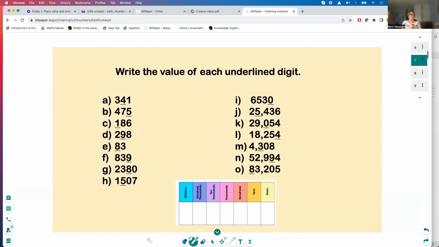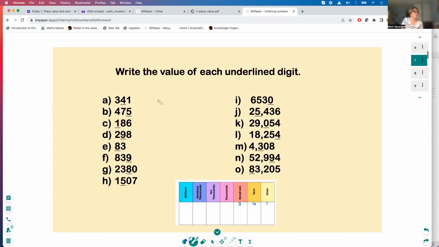So what we're going to do now is I would suggest you pause the video and have a go at these questions yourself. And what you're going to try and do is write down the value of the underlined digits. So if I remind you what I mean by that, first one, 341. So if I was to write that in the table, the 4 is in the tens column.